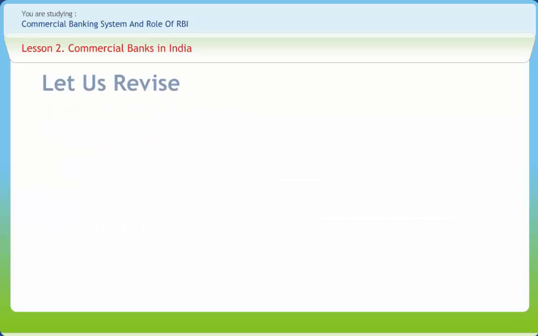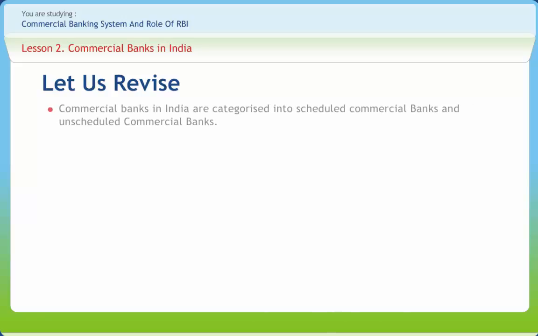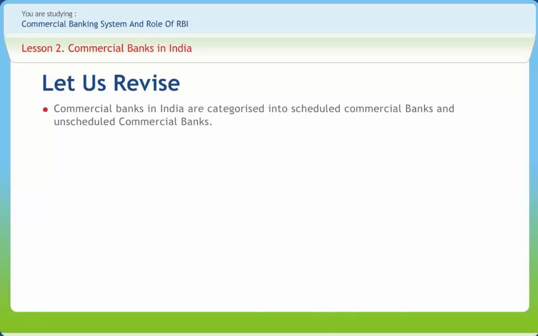Right. Before we end, let us briefly revise what we have studied so far. Commercial banks in India are categorized into scheduled commercial banks and unscheduled commercial banks. The scheduled commercial banks have been listed under the second schedule of the Reserve Bank of India Act 1934.